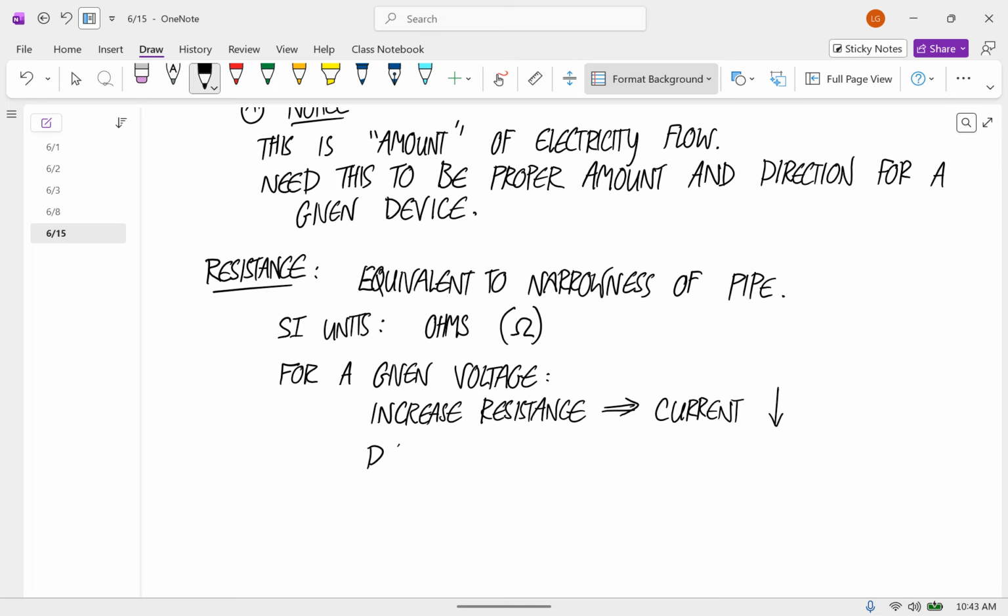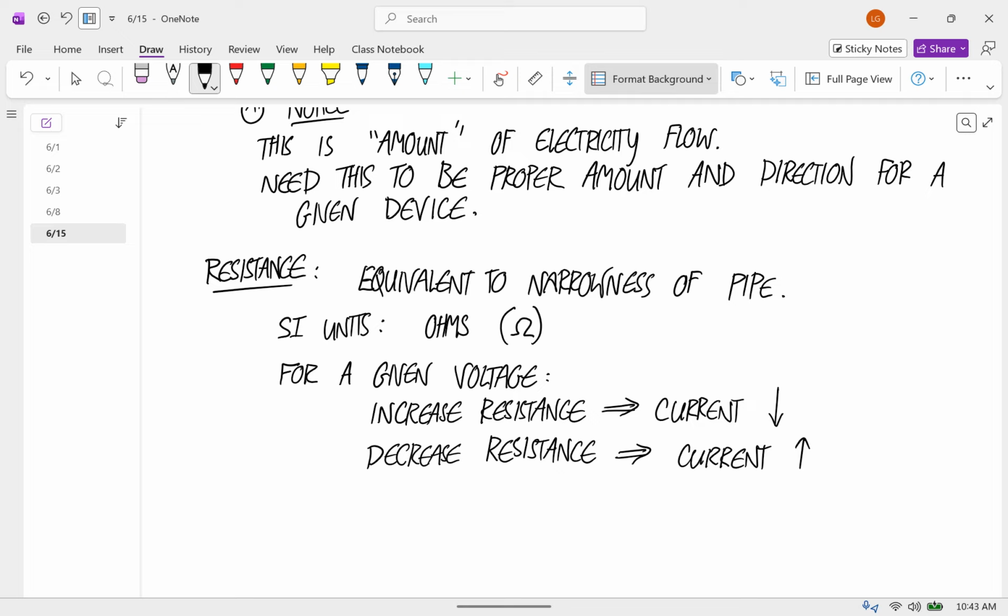And if you decrease the resistance, the current is increased. Well, that's going to be a really important thing for us.